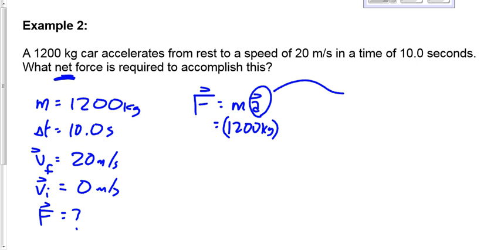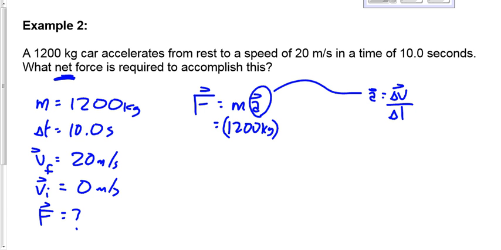Now, Nick, now that's the time that I'm going to try a is equal to delta v over delta t. If you do it the other way around, find a is equal to delta v over delta t, and then try F is equal to m times a, is there a difference, really? No, it doesn't matter what order you do it first, right? This is just the way that I think. If I'm looking for F, then I'm going to use F is equal to m times a, and then just try to get whatever else I need to sub into there.